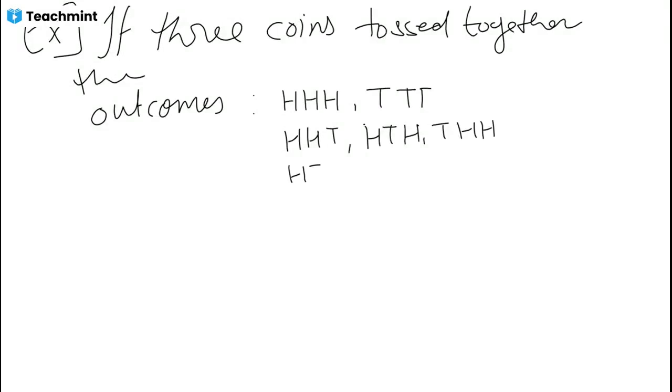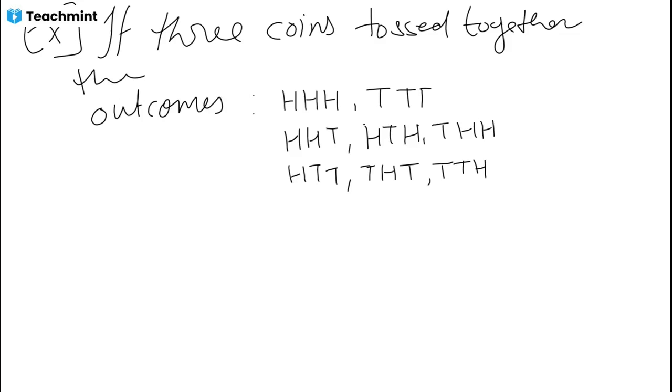With one head we can have two tails on the last two and head on first, tail on first, head on second, and tail on third. Similarly we can get the others. So these are all possible outcomes.